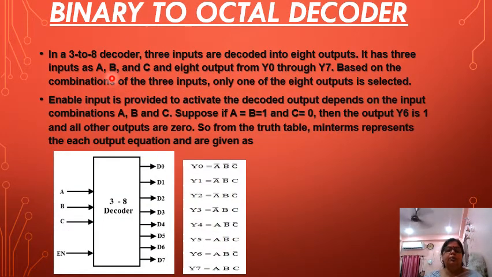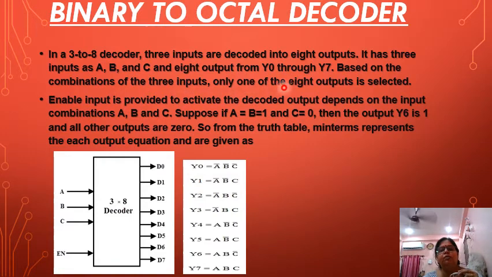Now, how are we going to convert binary to octal? First, we will take octal. In a 3 to 8 decoder, 3 inputs are decoded into 8 outputs. We count 0 to 7. It has 3 inputs A, B, C and 8 outputs Y0 through Y7 based on the combinations of the 3 inputs.